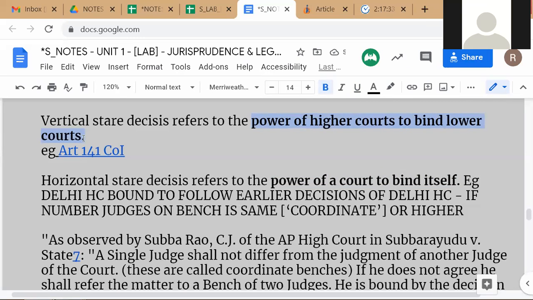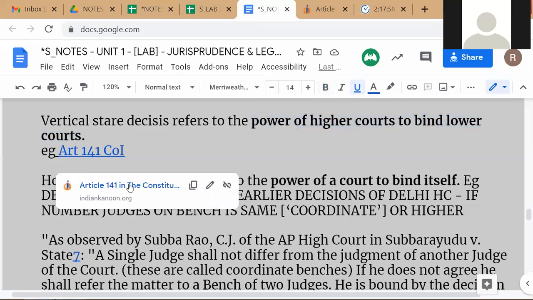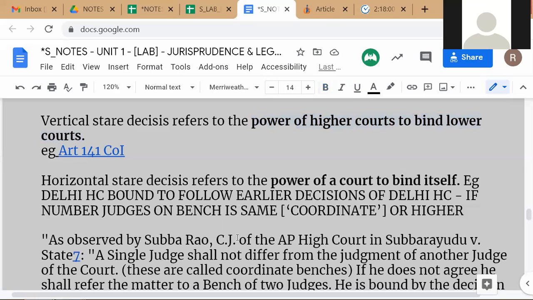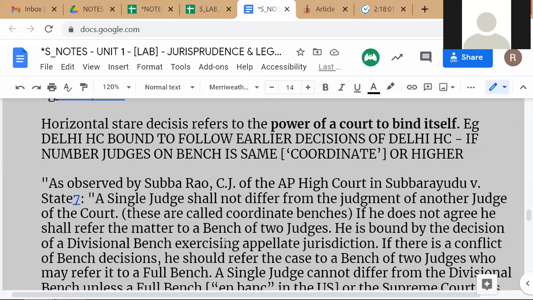If there is a Delhi High Court decision from maybe 5 years ago on a very similar matter which is being argued today, then even today's decision should be along the lines of the decision given 5 years ago by the Delhi High Court itself. So the court should be consistent with its own decisions, unless, of course, you can show that there was something wrong with that earlier decision. In the discussion, it can come up, and then you can address that issue. But otherwise, in general, you are bound by it.